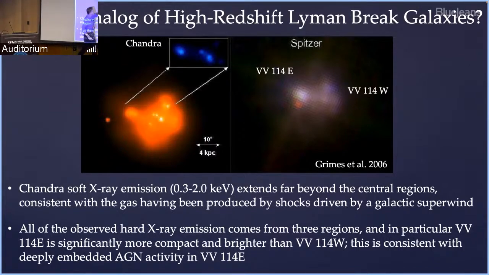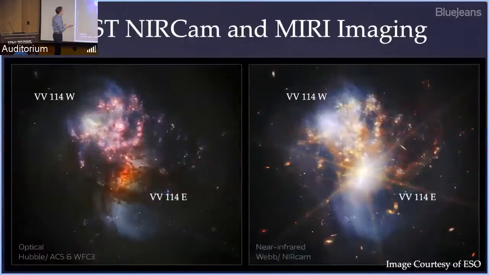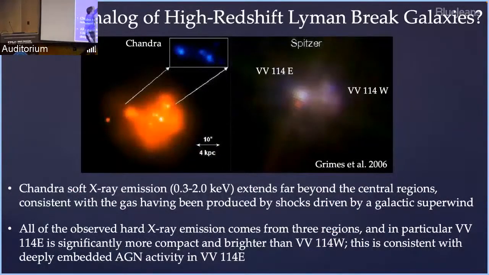Again, in a three-color image with Spitzer, you can see the east and west nucleus, but we really lack any significant detail for what the galaxy looks like in the infrared. But I will say that the Chandra observations are consistent with the scenario where this diffuse gas is being driven out by a large-scale galactic superwind. And because of the compactness and strength of the hard X-ray emission, it has long been thought that VV114 East harbors a deeply buried AGN.